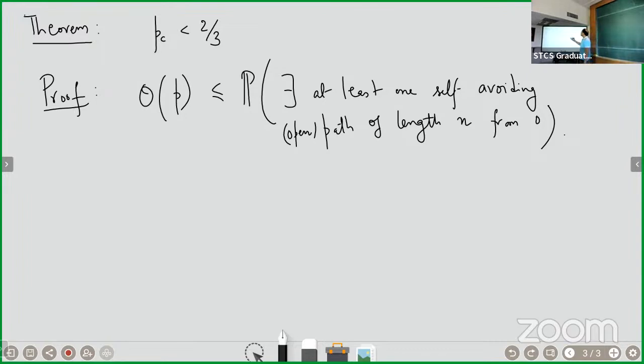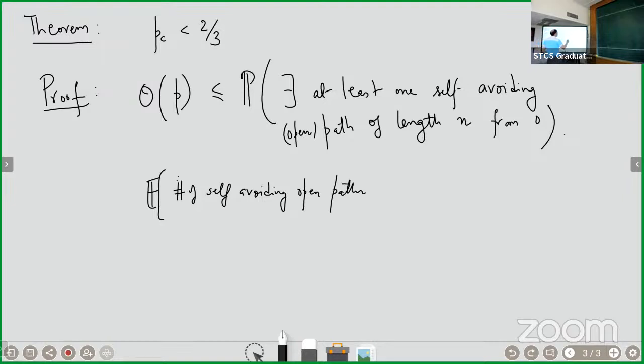Now, how can I bound this probability? Simplest one. We didn't know. It might be weak or may not be useful. Now think about the expected number. When I'm harping on the expected number, what is the expected number of self-avoiding open paths of length n?